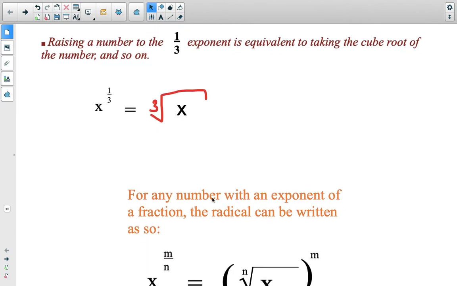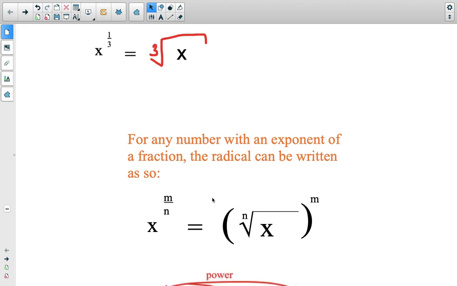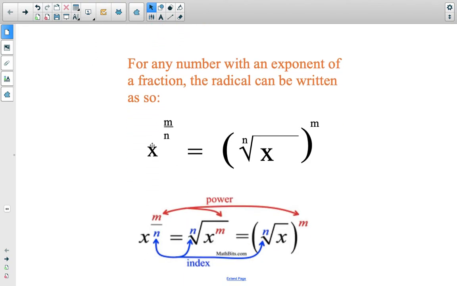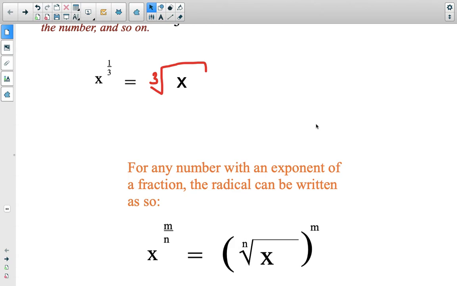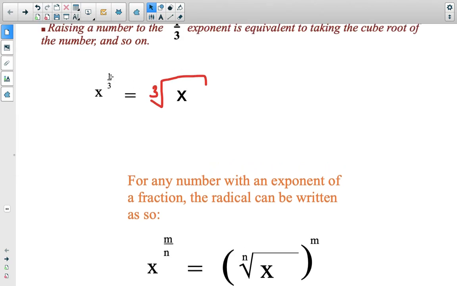So it says here, for any number with an exponent of a fraction, the radical can be written as so. So if it's x to the power of m over n, n is the part of your radical, and m is raised to that exponent. So here, if I take 1 over 3, my 3 went down here, whereas my 1 would go, if I put this in brackets, up here to the power of 1.